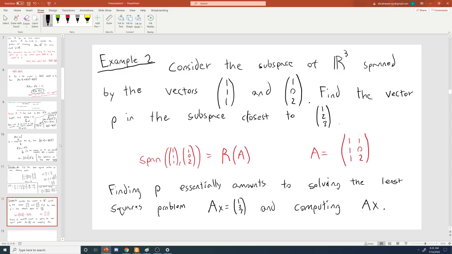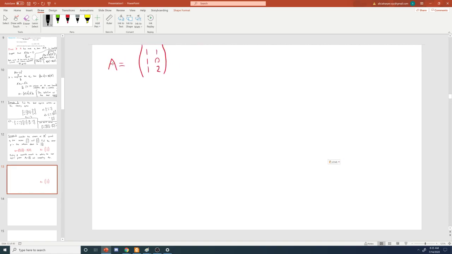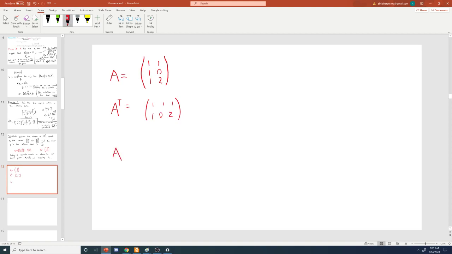Well, first thing we're going to do is take our matrix and compute all the relevant quantities. First, A transpose is simply the matrix 1, 1, 1, 1, 0, 2. So A transpose times A is the product of these two matrices, and we can compute it pretty easily.